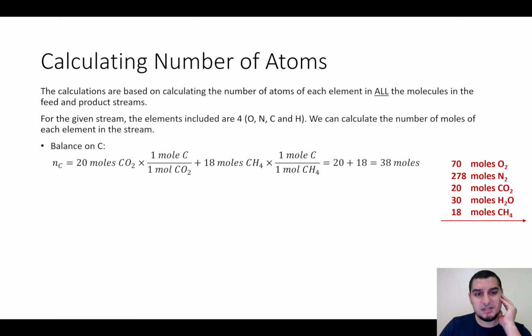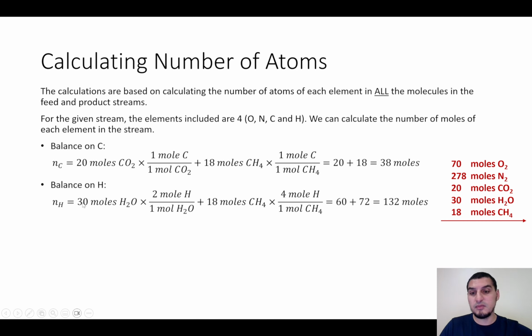For hydrogen, we have hydrogen in water, and we have hydrogen in methane. So it's going to be 30, but each one of them contains 2 hydrogen atoms, so it's 30 times 2, and 18 moles of methane, and each one of them contains 4 hydrogen atoms. So we have 30 times 2 plus 18 times 4, so this is 132 moles.